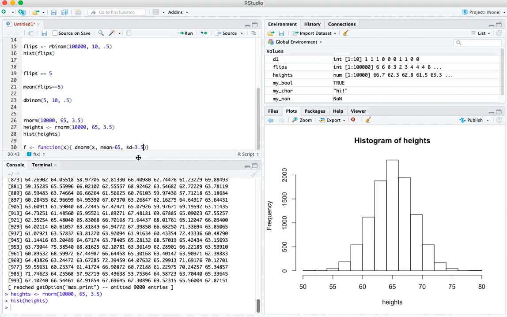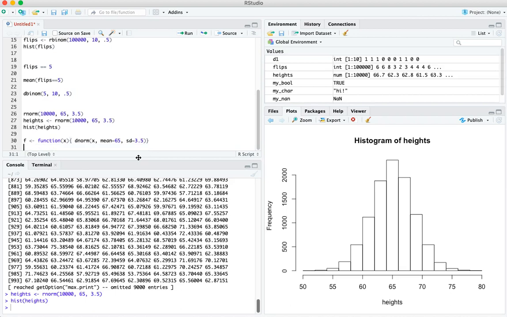So our d, just like we used here, where we were finding the probability of a particular point. And what we're going to do now is find the area under the curve from that point to the tail, right? So this is where we're taking the integral. Okay, so we have our function, and we are going to say integrate.